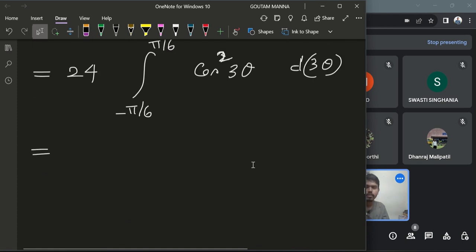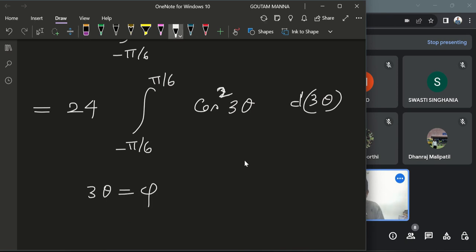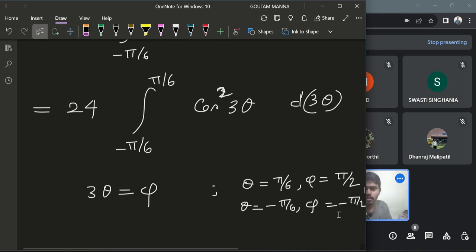So in that case, if I do the integration, I can change the variable also. Let me write 3 theta equals phi, then the limit will be going from, as theta is pi by 6, phi will be pi by 2, and as theta is minus pi by 6, phi will be minus pi by 2, right?